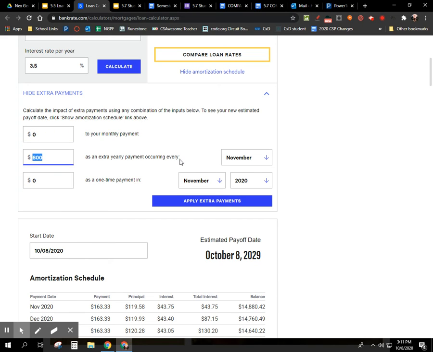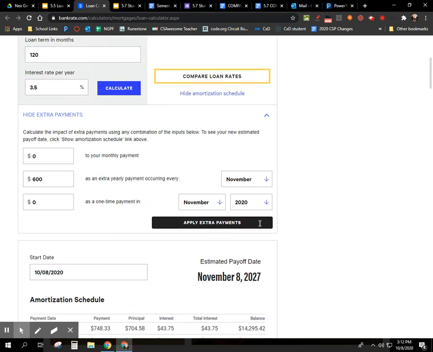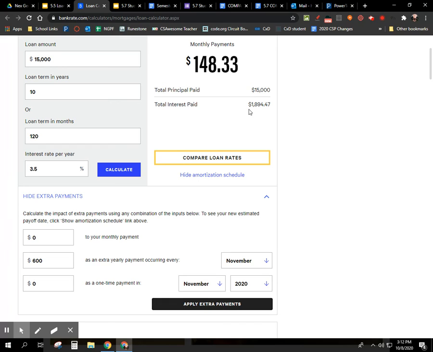So now I have my $600 to do once a year. That's going to cut off like 3 years to the life of my loan. So then you can also see I'm going to pay like $1,000 less in interest as well.